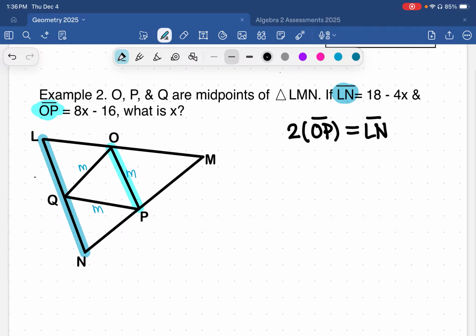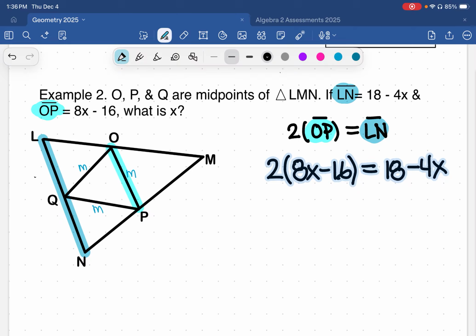Now I'm going to go ahead and substitute. And I can use my highlighters for this as well to help me out. LN, I'm going to replace with this one, and OP, I'm going to replace with that one. Now I know I'm using the same color blue, but I'm going to use the lighter blue first, and then I'm going to use the darker blue. Okay, there's my equation.